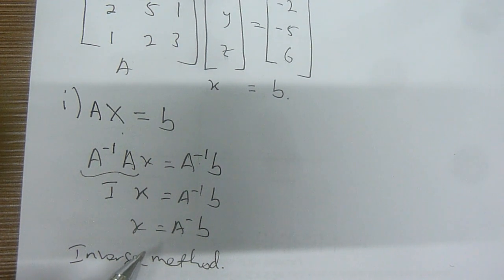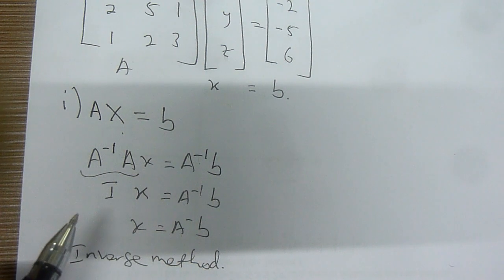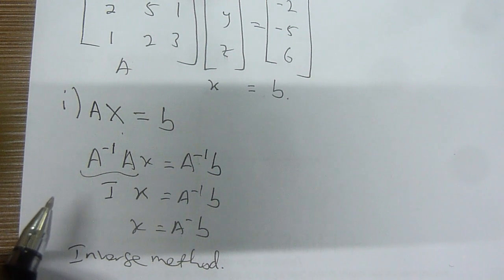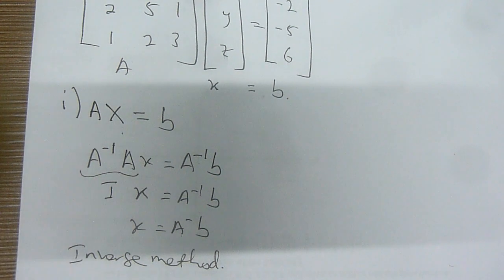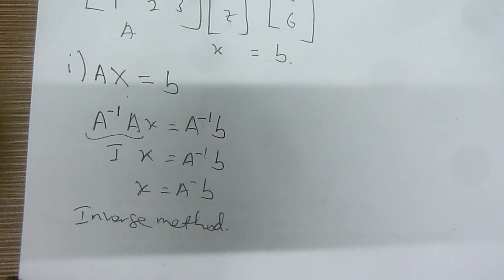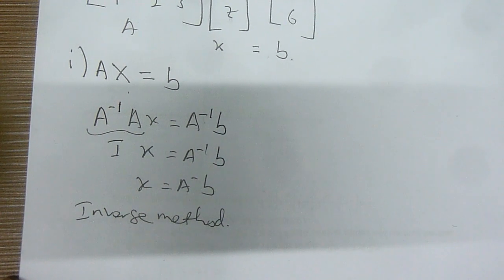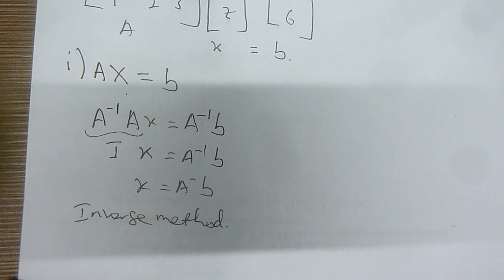Sometimes it might be very time consuming. Therefore, people invented many different methods to solve these linear problems. People spent a lot of time to identify them. When we do this manually, you may find it difficult, but when you give it to a computer, it will do that very comfortably. But we are learning the technique.